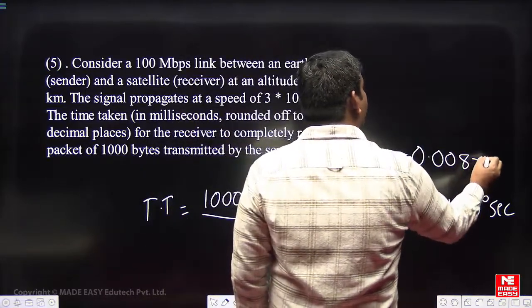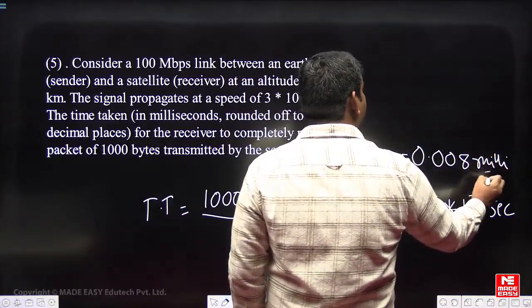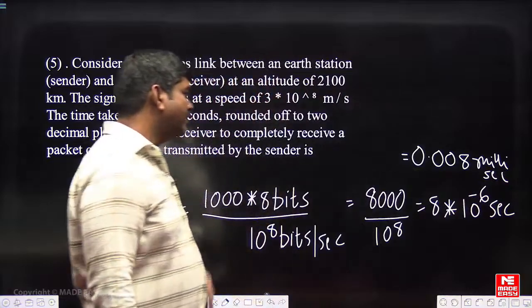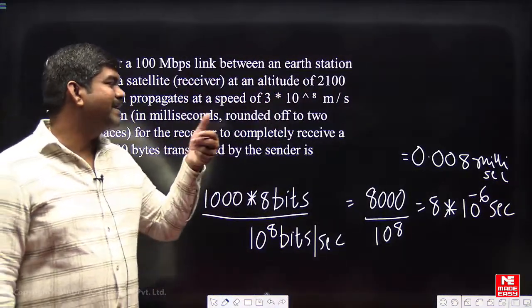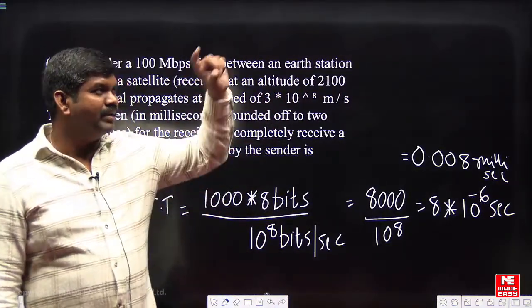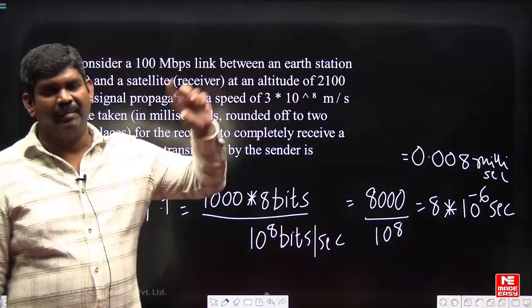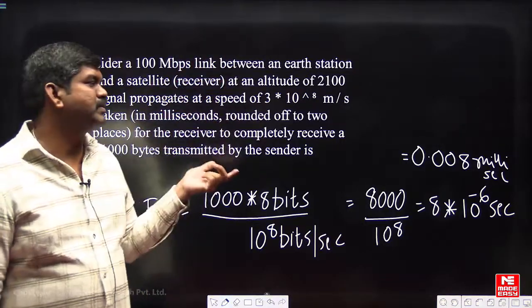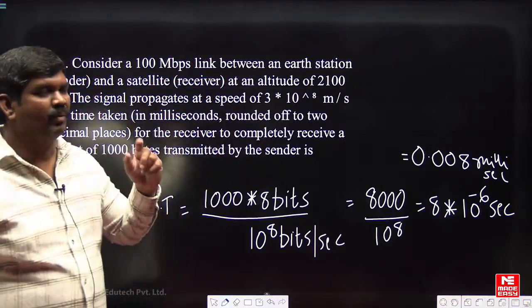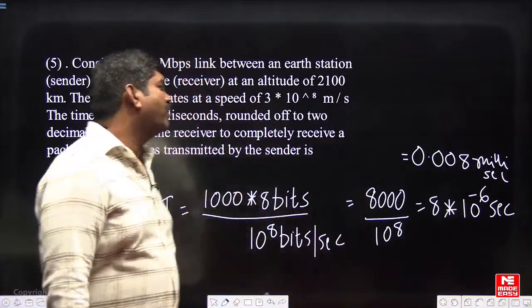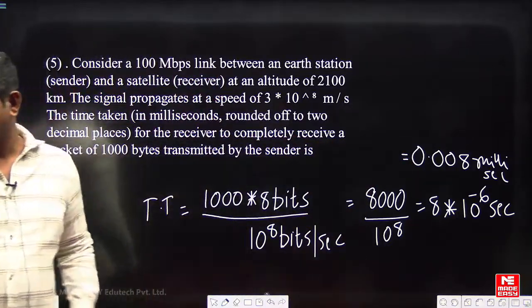So 0.008 milliseconds is the time for the ground station to transmit its data or signal on that channel, that wireless medium or whatever medium you are providing.